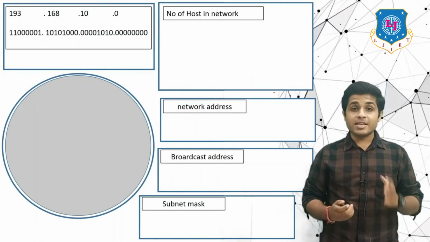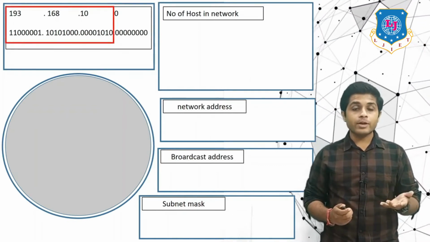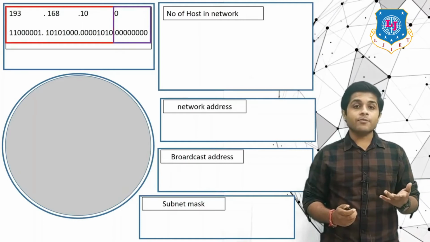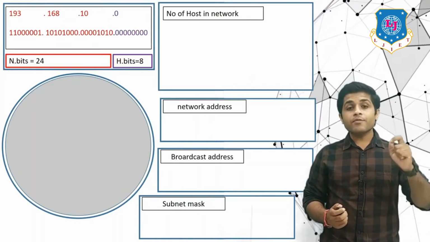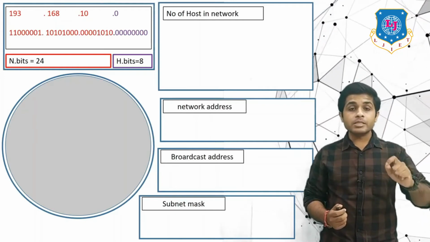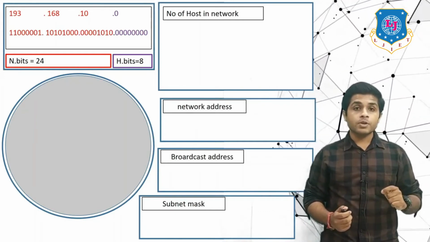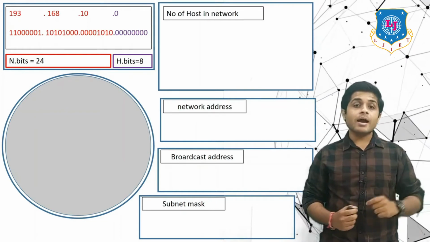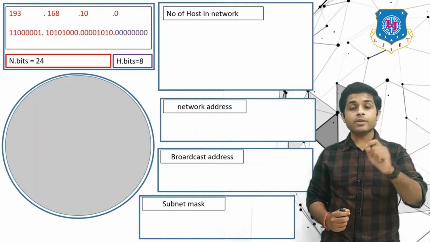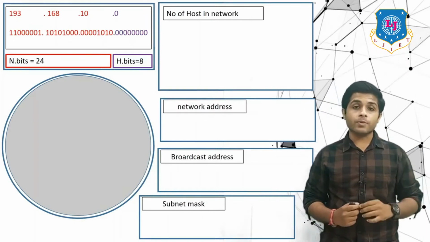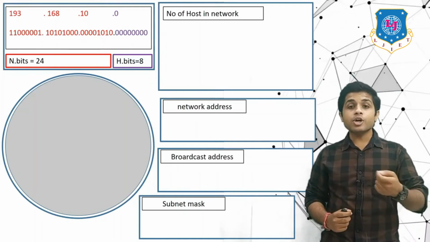We know that in class C, the first 24 bits are for network and the 8 bits are for host. The value of the network bits will remain constant throughout the network. So in this network, the value 193.168.10 will remain fixed, and the value of the host will keep changing as the host changes.